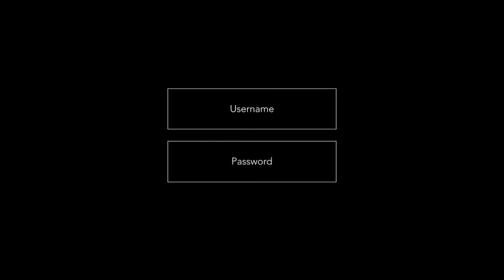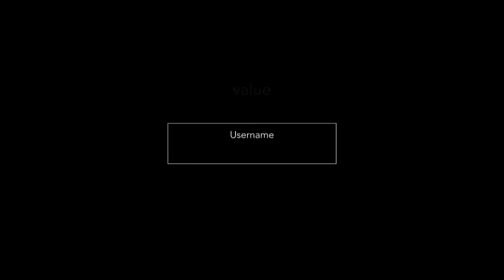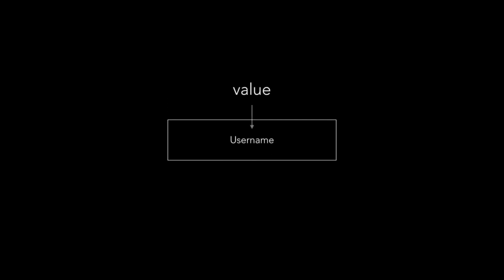Now, in a text field in the context of a graphical user interface, there are so many things that you can access. What we are interested in when we are logging in is only the value that the user entered inside this field.